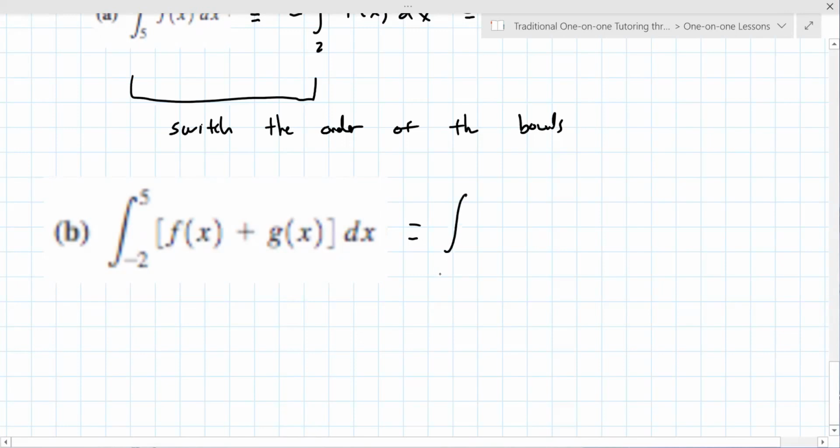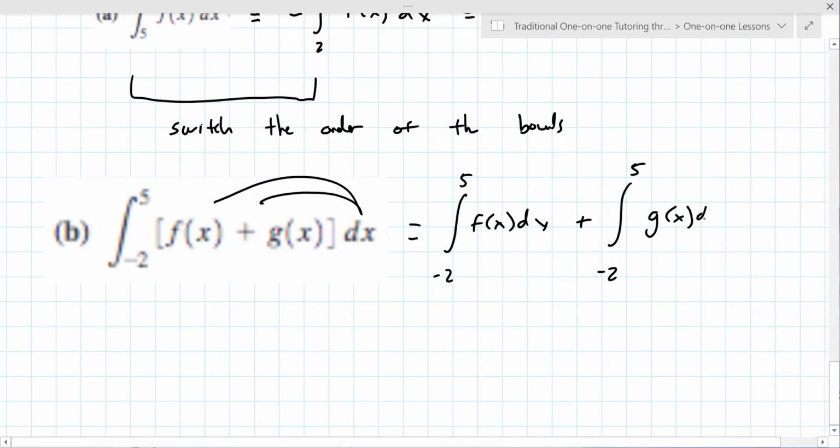You can do the integral from -2 to 5 of f of x dx, distributing in, plus the integral from -2 to 5 of g of x dx. And then if you scroll back up, this one on the right is given, that's 2.